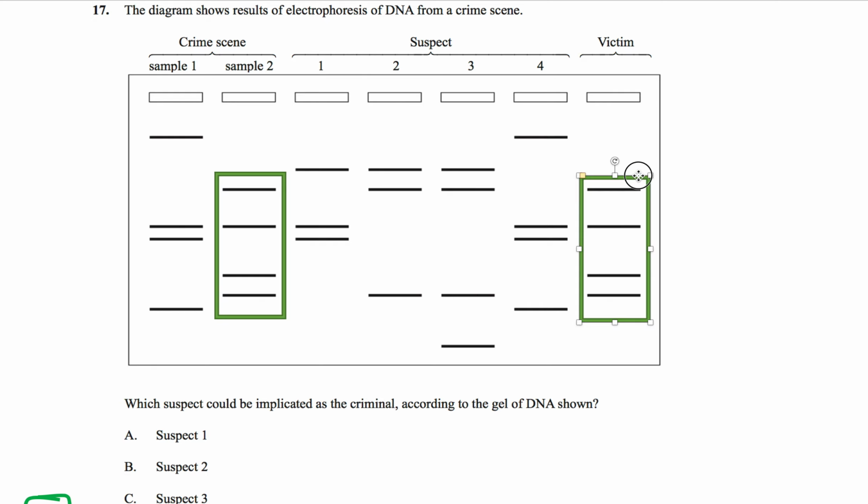So let's see. I made the victim ones green because obviously they're innocent, so green is a sign of good. So let's make this one red. Let's see if I can do this. Okay, so which one, 1, 2, 3, or 4, has the same separation of DNA as this sample 1?